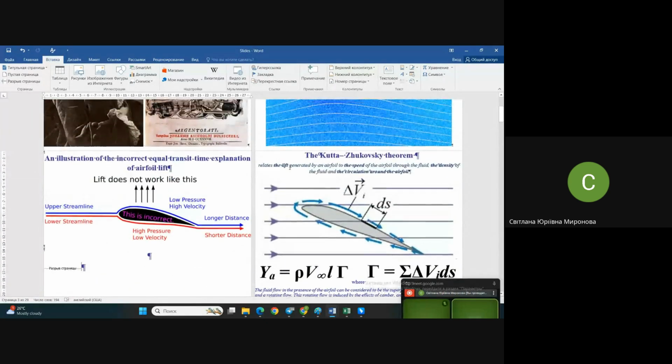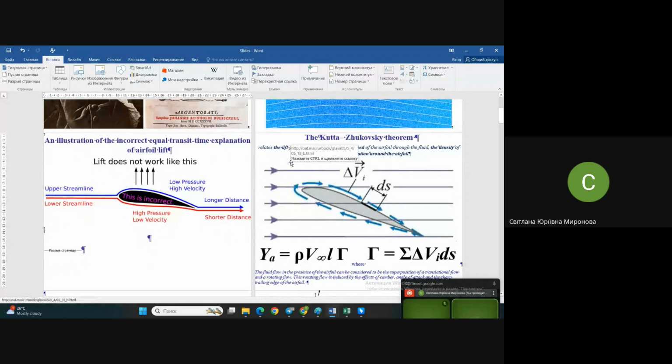The derivation from this Bernoulli principle, a partial case of the energy conservation principle, is that in each cross-section of a streamline, the energy, which may be divided into kinetic energy, potential energy, and pressure, is the same.